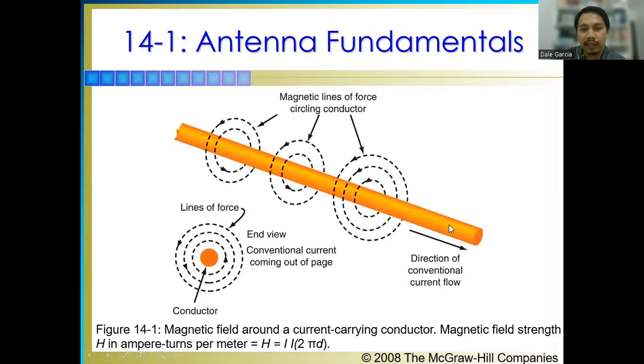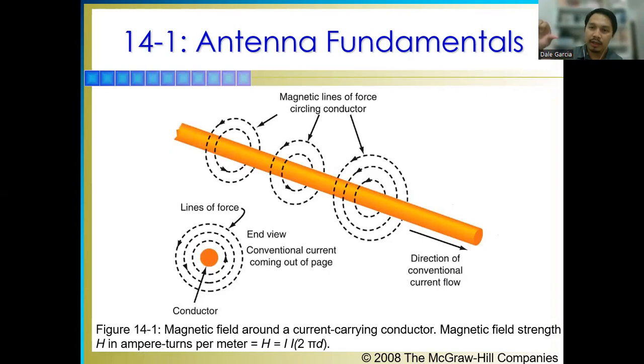So which hand rule do we use to determine the direction of the magnetic field, left or right? It's the right hand rule.